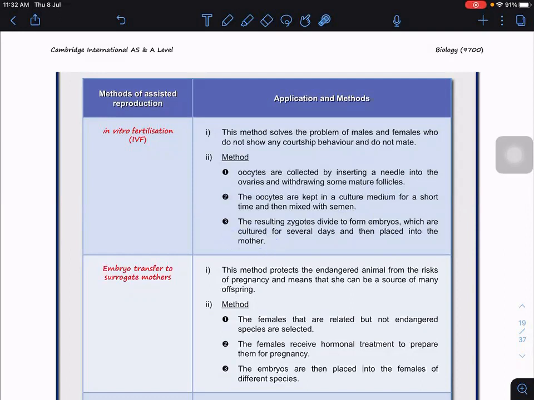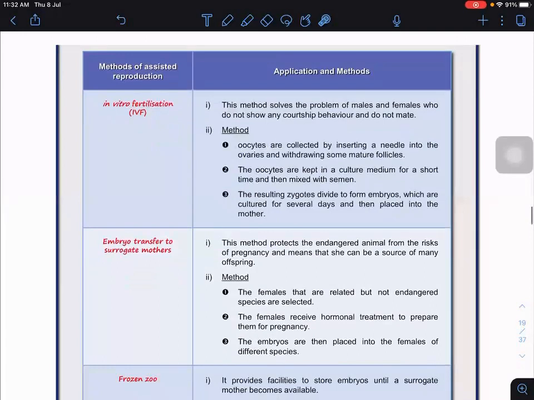But this mother, we don't choose the same mother. We search for a closely related one that is not endangered. Are you clear? Then we transfer this embryo to the surrogate mother.